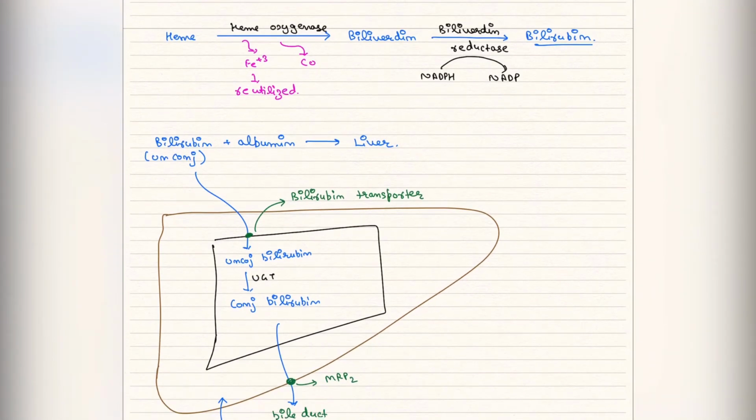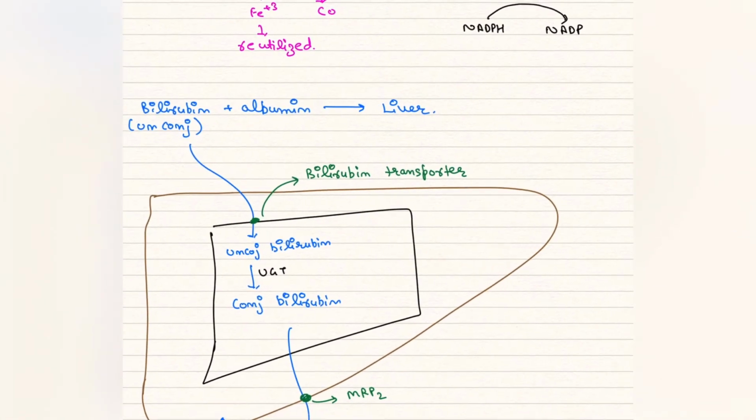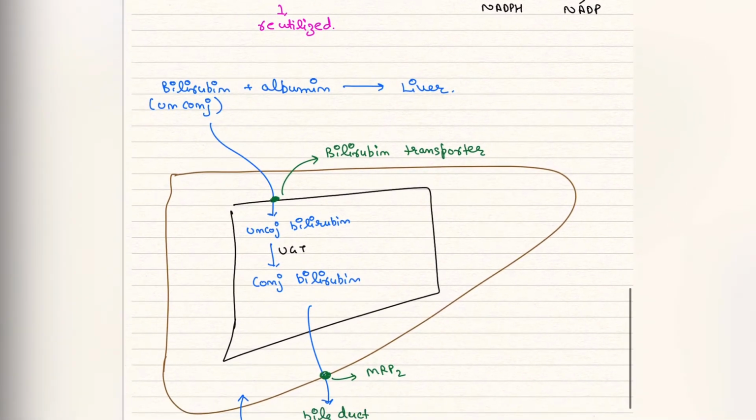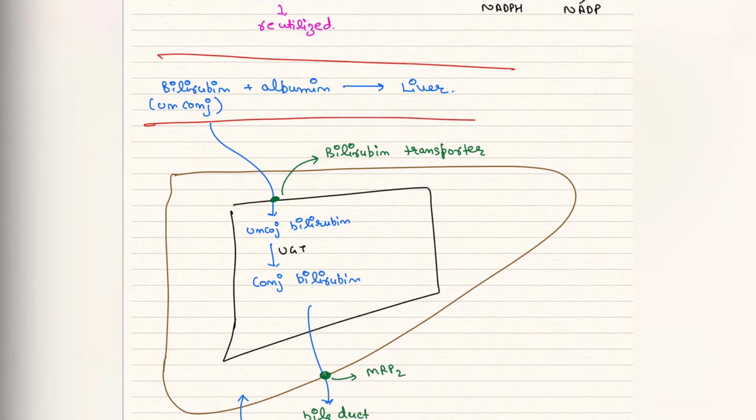And there is another cycle in the hepatocytes of the liver. Sometimes this conjugated bilirubin goes back into the blood, in the blood vessels, in the form of conjugated bilirubin.